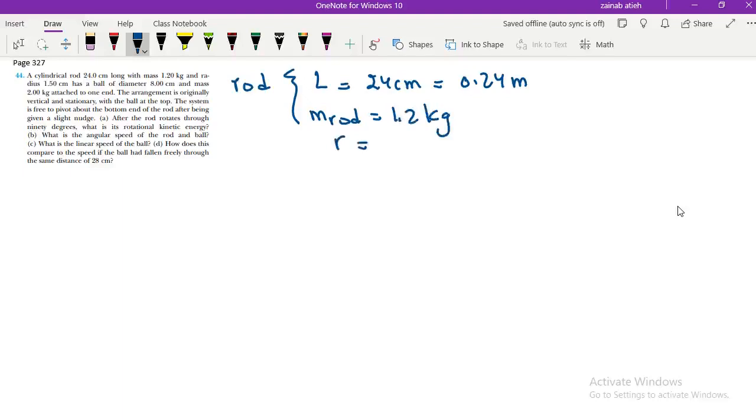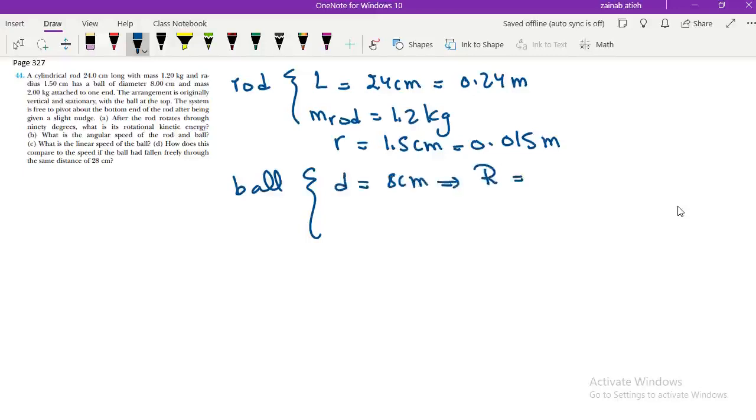a small radius. It's as if the rod is a stick. It's 1.5 centimeter, it's equal to 0.015 meter. And a ball of diameter 8 centimeters, so the ball has a diameter equals 8 centimeter, from which we can deduce directly the radius, which is d over 2, that's equal to 4 centimeter, which is for sure 0.04 meter.